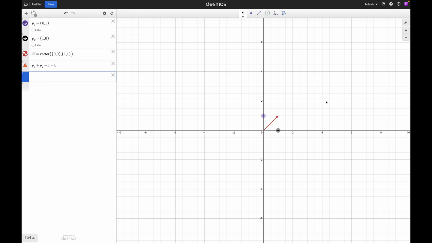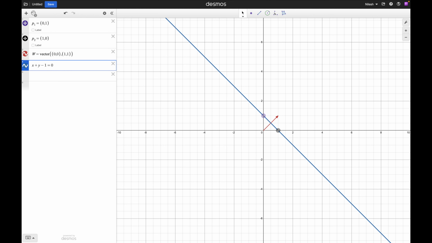This won't compute in Desmos, so we need to replace p1 by x and p2 by y, and now we get that particular line, which is the decision boundary, and as you can see, it is perpendicular to the weight vector shown here by the red arrow.